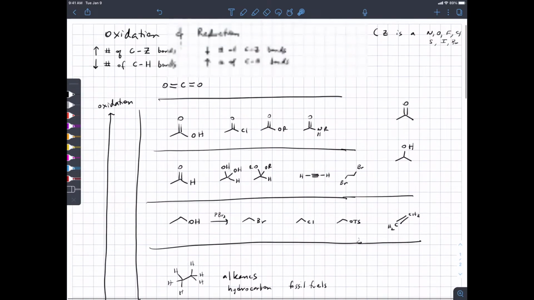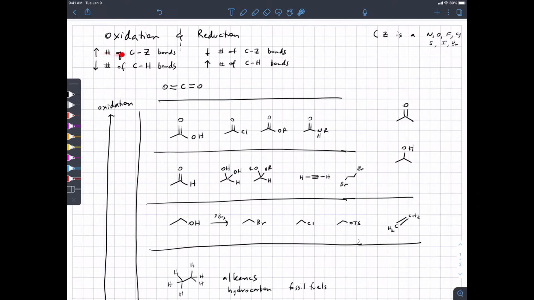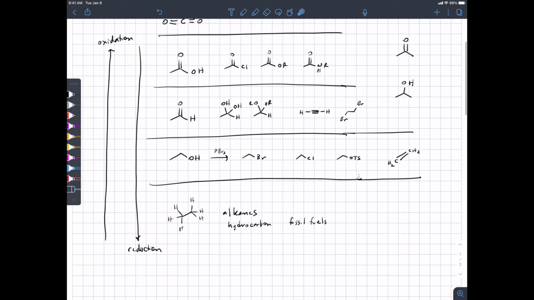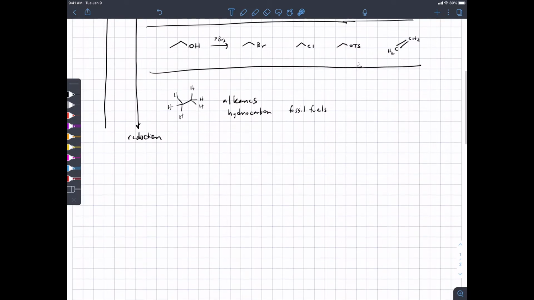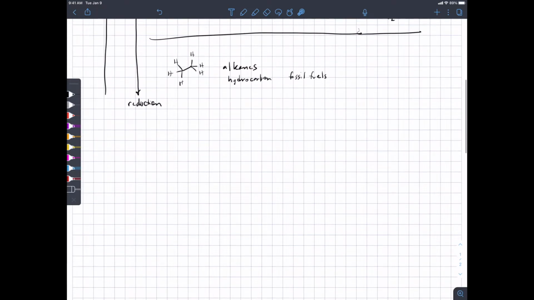So our criteria for oxidation is either an increase in the number of carbon-heteroatom bonds or a decrease in the number of carbon-hydrogen bonds. So it meets this criteria here, not necessarily the first one. Yeah. Okay. So let's talk reduction first.